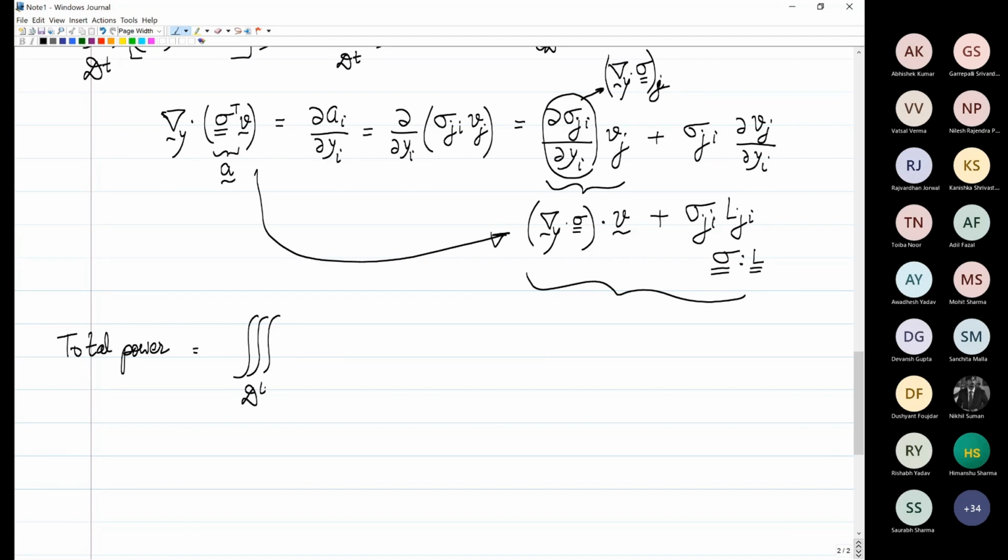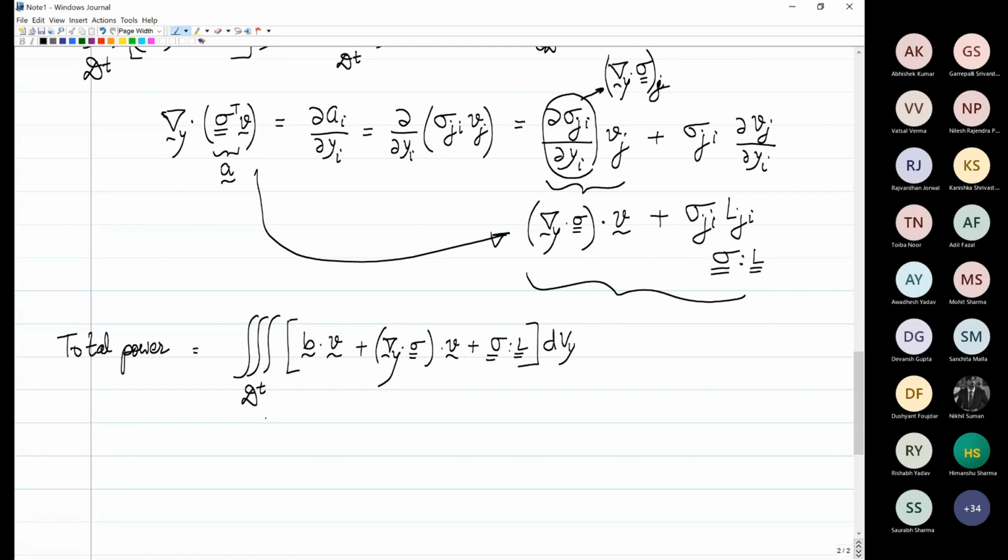So we have everything now on the volume. Due to body force, it is B dot V. And then due to the traction forces, we are getting divergence of Y dot sigma dotted with V plus sigma double contraction L dvy.